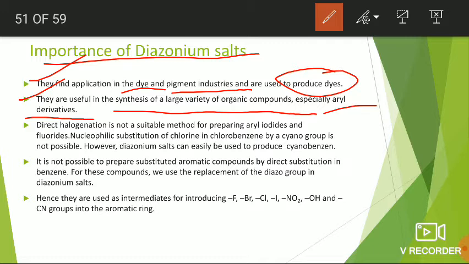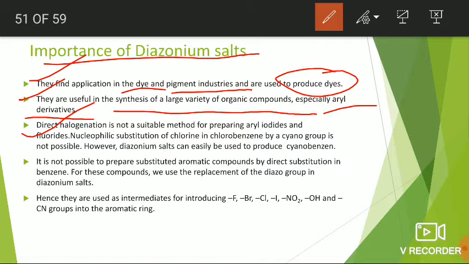Next, here are some examples. It is generally difficult to prepare iodobenzene, or it is difficult to substitute iodine on the arene ring, but we can easily prepare iodobenzenes by using diazonium salts.